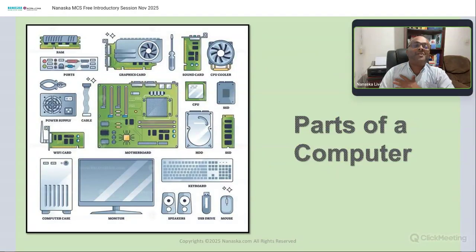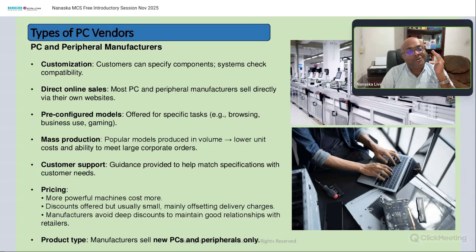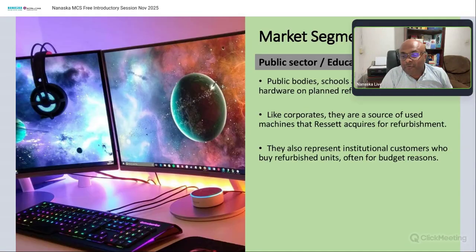And assuming you don't understand computers, I know you do, but we try to teach you about parts of computers. We try to tell you about the types of PC vendors, who is selling computers, the manufacturers. We try to give you so much detail just to ensure you understand the computer business.